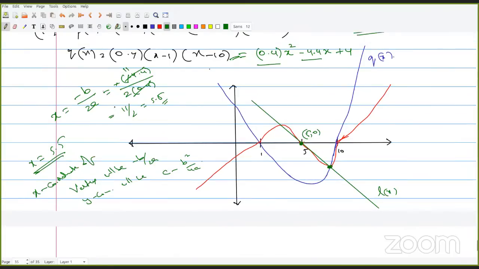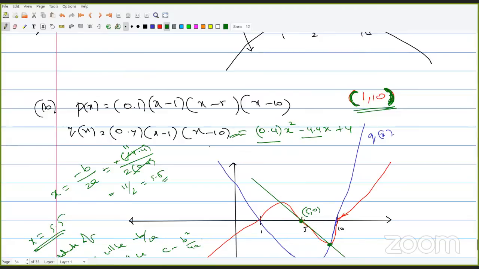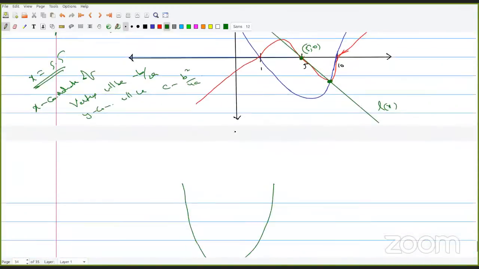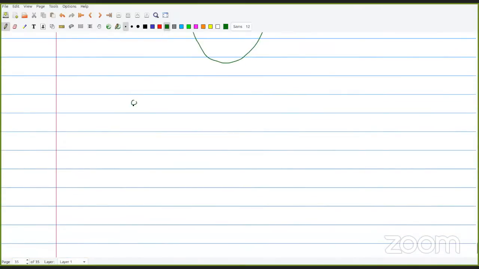See, we have p of x and q of x. Intersection points can be found by equating p of x to q of x. You just have to equate this particular polynomial to this, and we will get the intersection points. 0.1 times x minus 1, x minus 5, x minus 10 equals 0.4 times x minus 1, x minus 10.